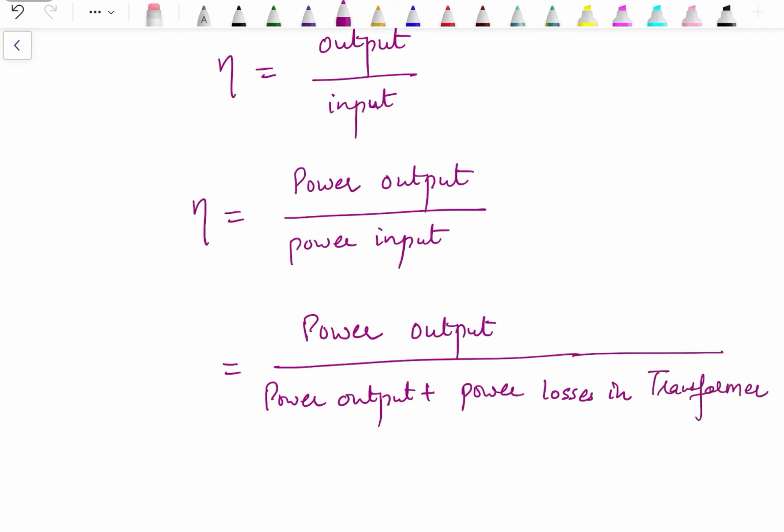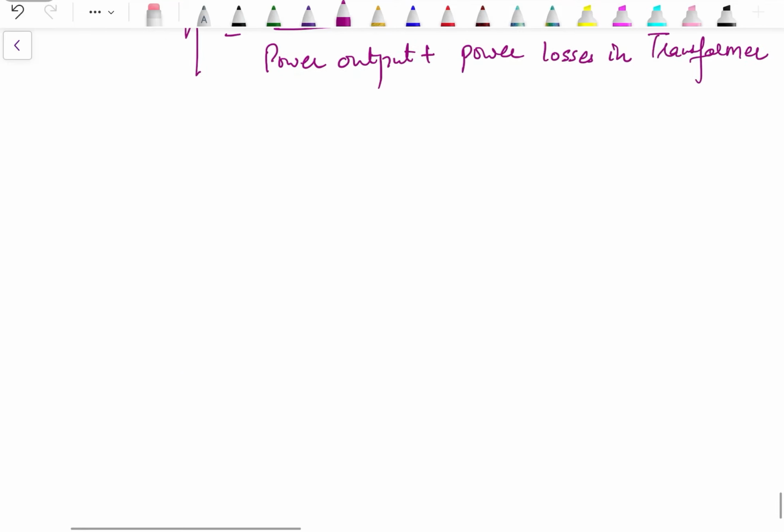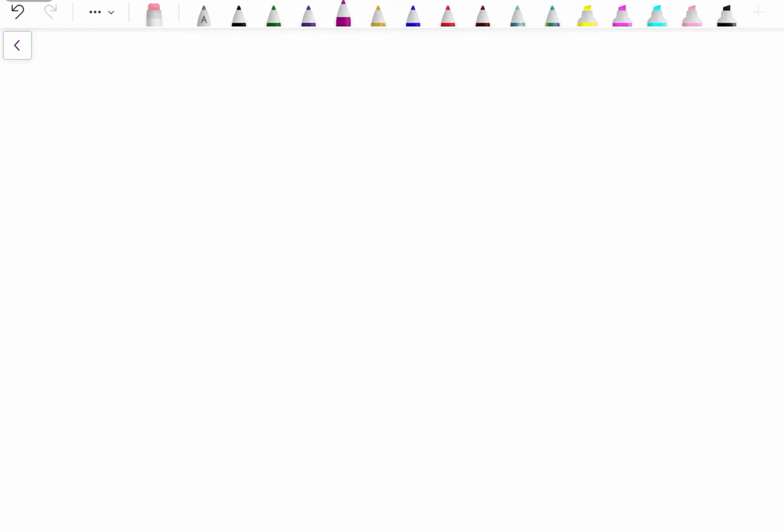So for detailed discussion of transformer efficiency, we must understand the different types of losses which occur in the transformer, and then we can move on to the efficiency. So let's discuss the transformer losses first.